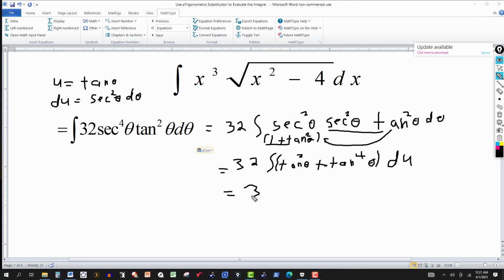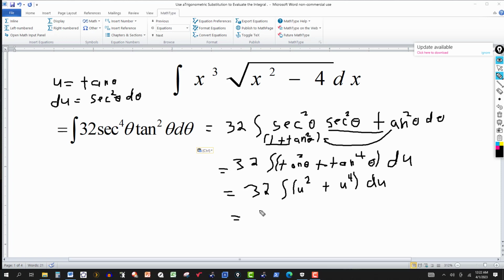So again, now let's convert. You can actually do the integral here, but just so you can see the substitution, I've got 32, and then the tangent is u, and that's squared. The tangent theta here is u, and this is to the fourth. And now it's just a simple integration.